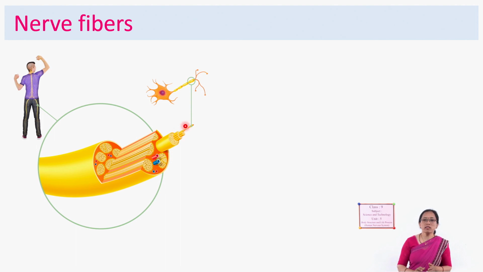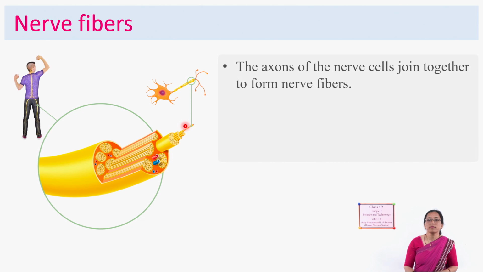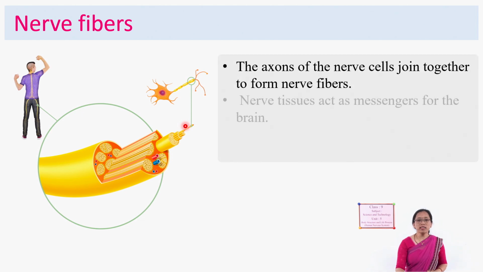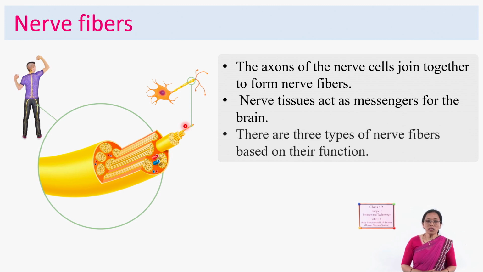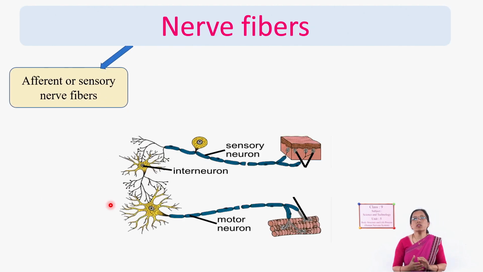These nerve fibers are again of different types. They act as messengers. They transmit the impulses, or electric signals, from one part of the body to another part of the body.